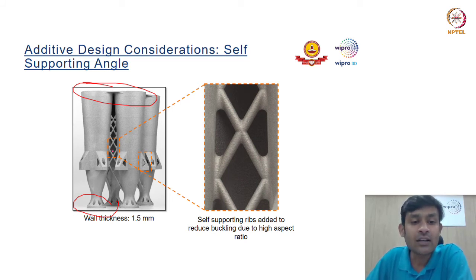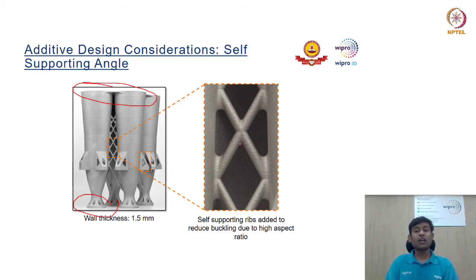The second thing that we did was provide ribs to maintain the relative position as well as the structural integrity. But the consideration required here is that the ribs have to be at a self-supporting angle. That's the reason they were made at a 60-degree angle.